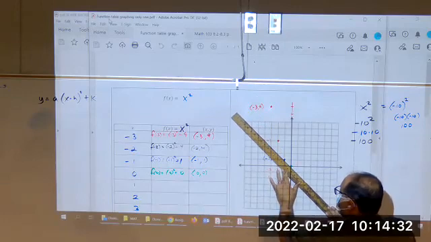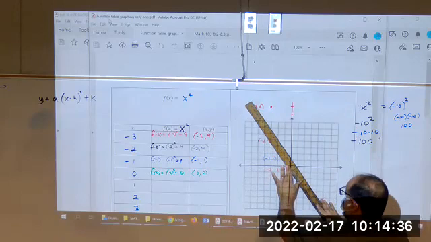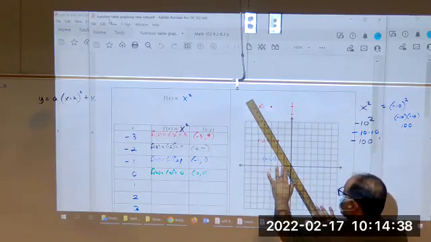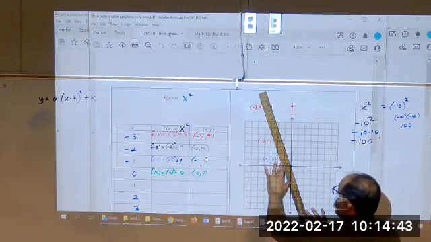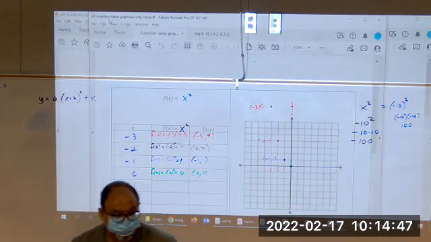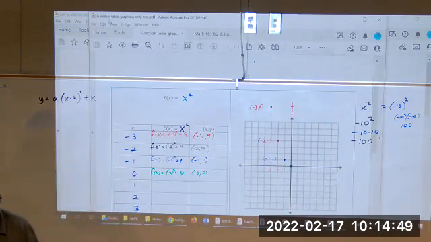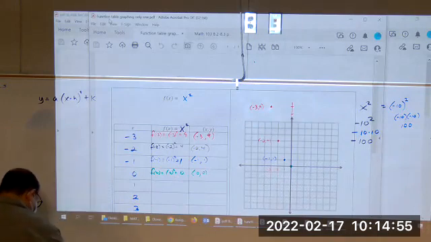If I try to draw through here, then those 2 points are not part of that line. If I only plot 2 points and think I'm going to make a straight line, it's not going to include all the other points. Okay, so let's keep going. That's why you never assume.